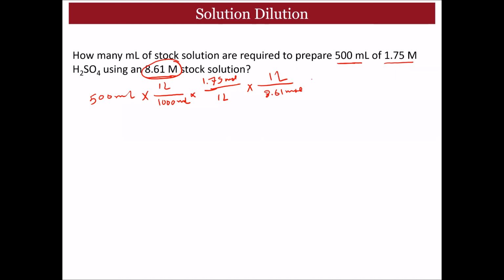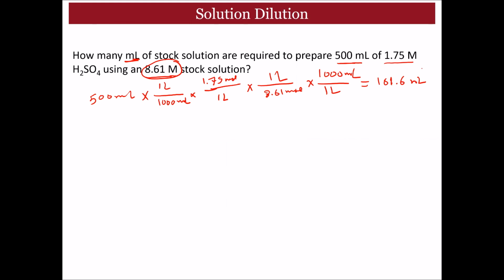And that's going to give us the volume in liters, but we're asked to express the volume in milliliters, so we will have to convert it again to milliliters. So it's going to be 1 liter is 1,000 milliliter. 101.6 milliliter.